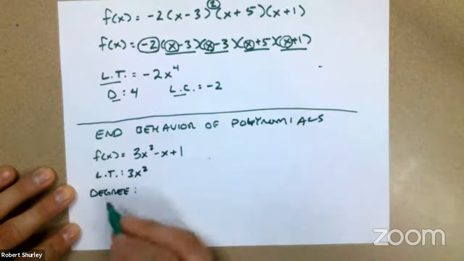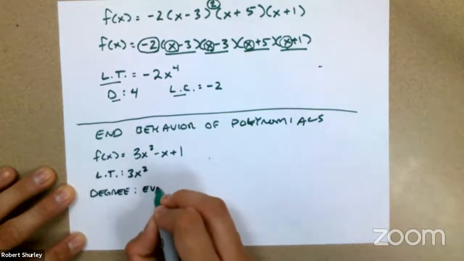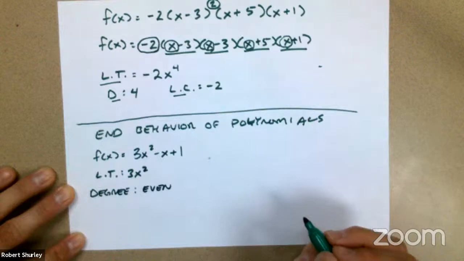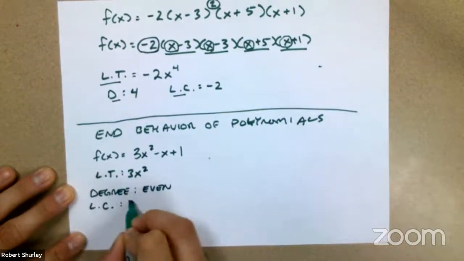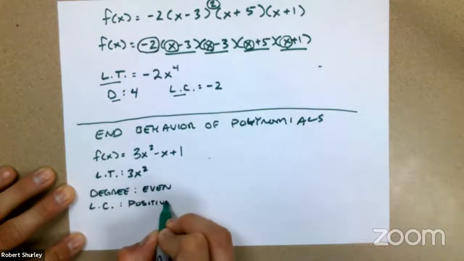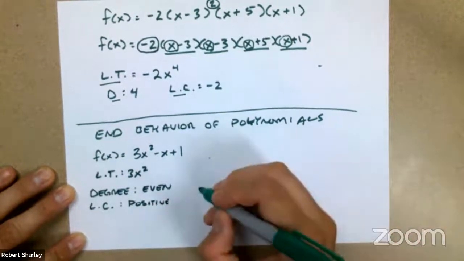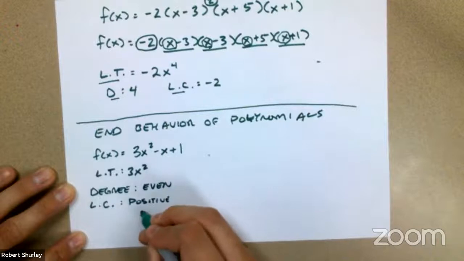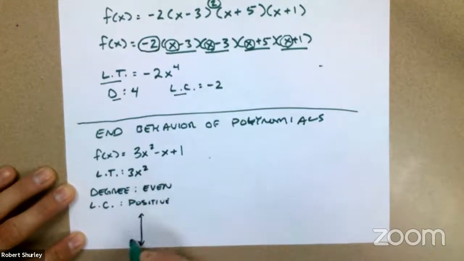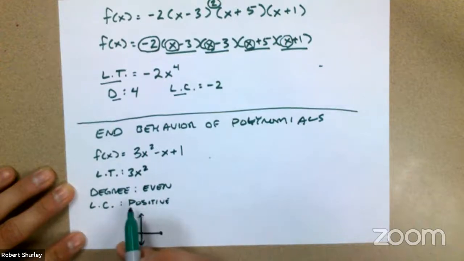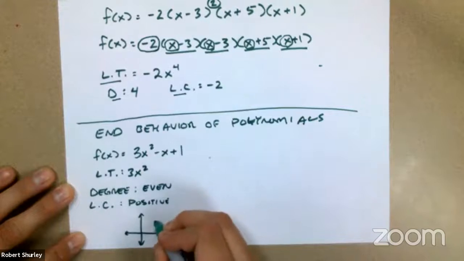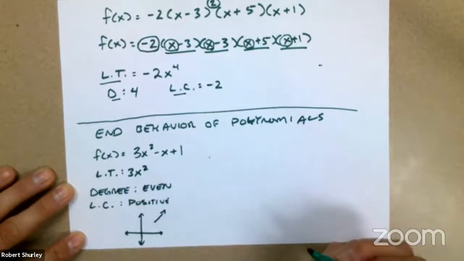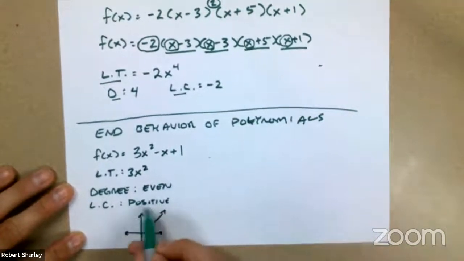So I'm going to make the rule here. The degree here is even, right? And then the leading coefficient is positive. I'm going to make a quick sketch down here. Now, because the leading coefficient is positive, I know when our graph goes to the right, it's eventually going to go up, because it's positive.